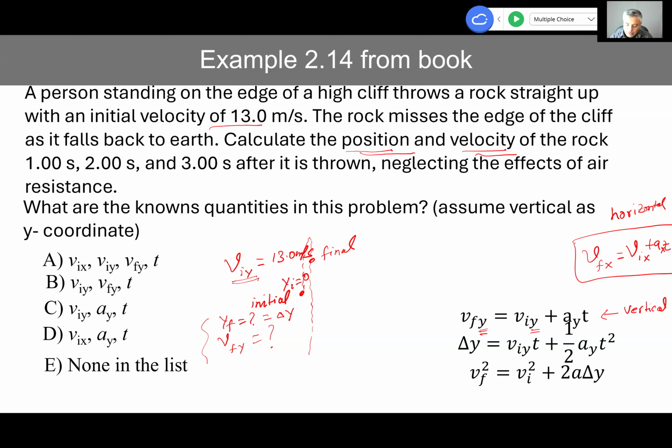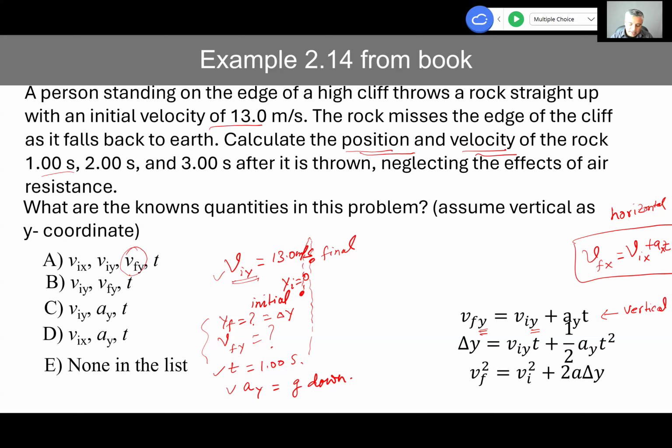What other things do we know? Time is known. And since this is free fall, acceleration is always known. So this is known, this is known, this is known, okay?